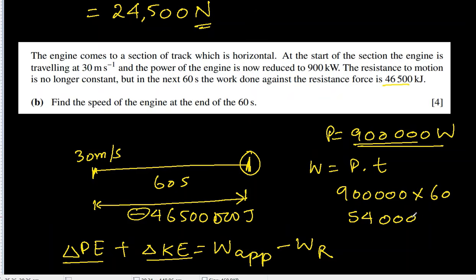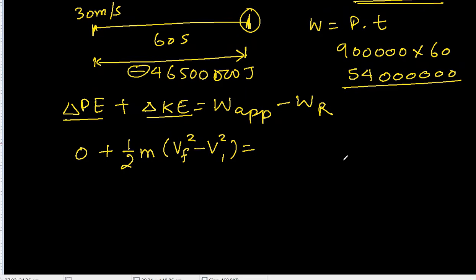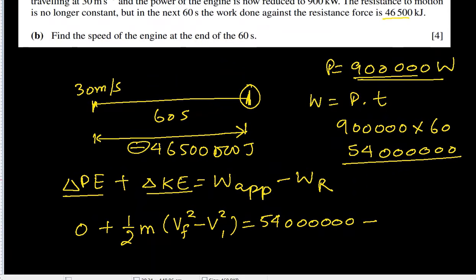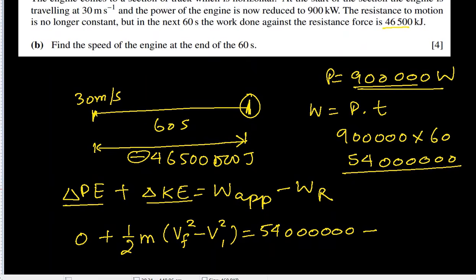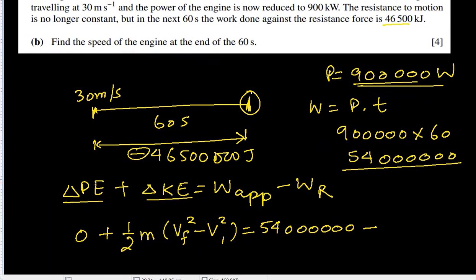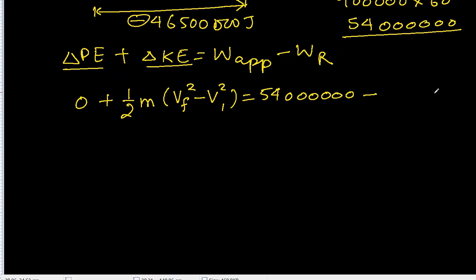This is the work done by the engine. So we'll write this here: 54 million joules, minus the total work done against the resistance during this period, which was 465 with 5 zeros.